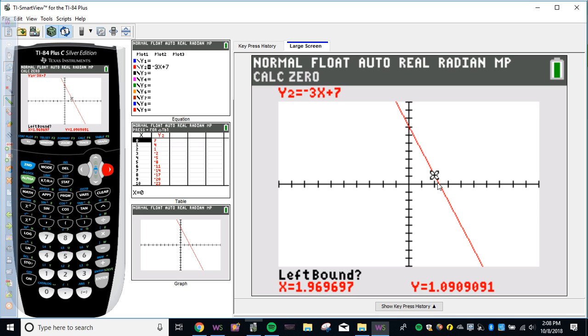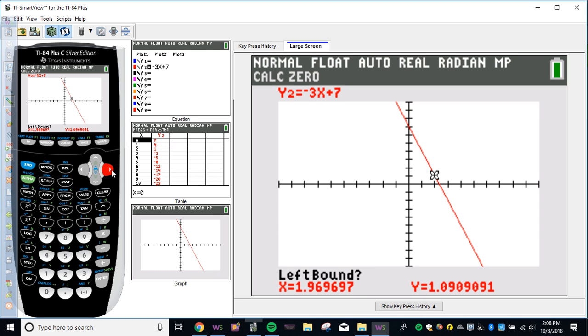It's above the x-axis. I'm going to go right arrow until it's below the x-axis. Hit enter once more. Then down here, where it says left bound, it'll say yes, and I hit enter again. So left bound, enter, it asks me the question right bound, hit enter again, then it asks me yes, hit enter again. You should get 2.33, so if you did it, you got 2.33, you're good.